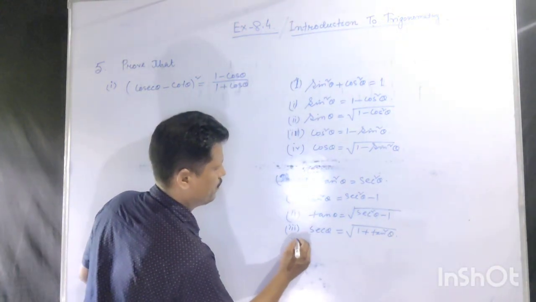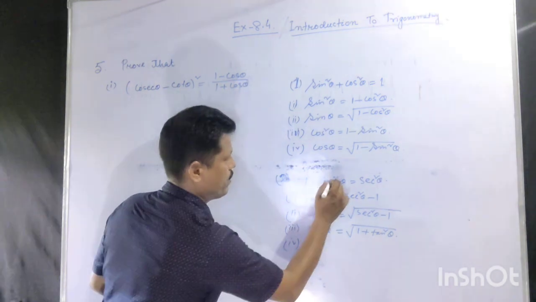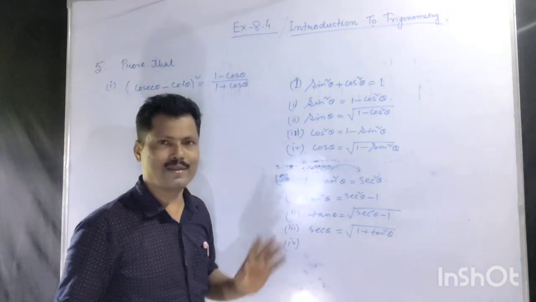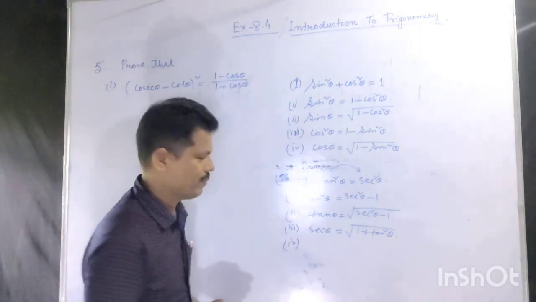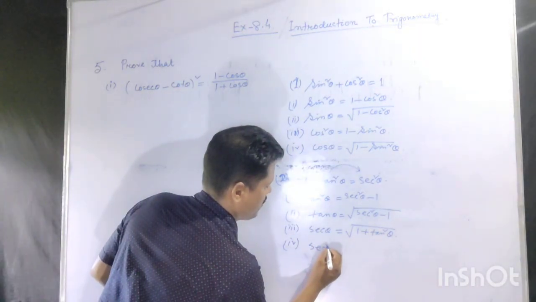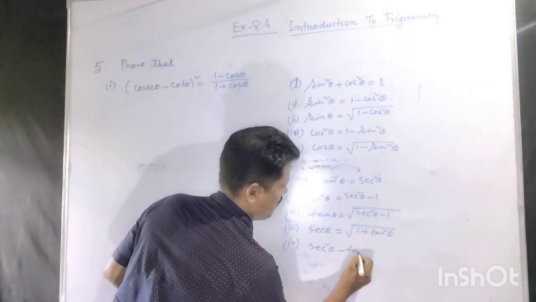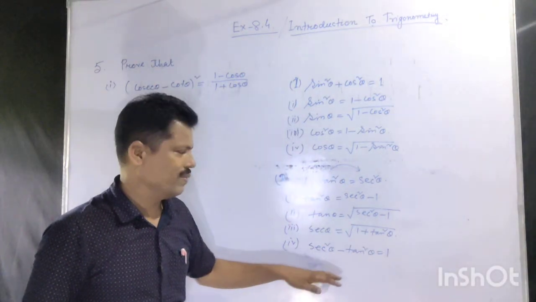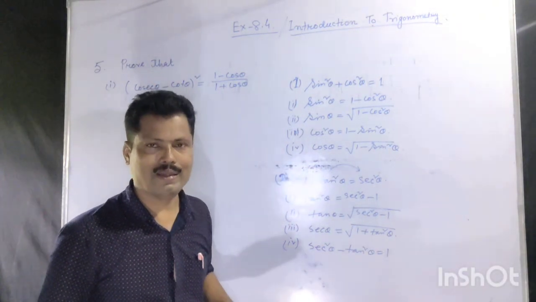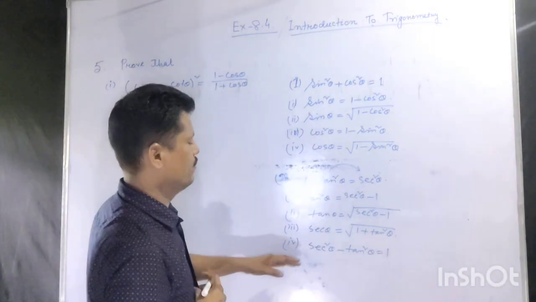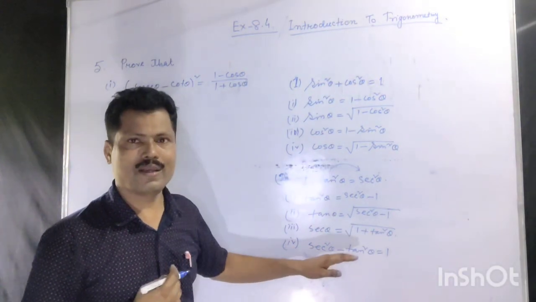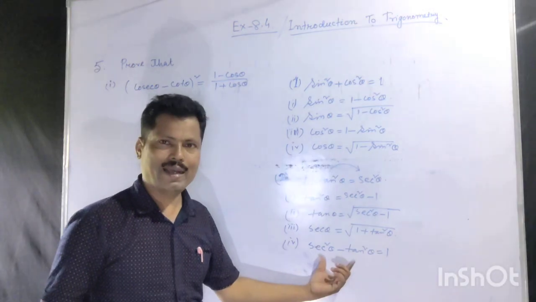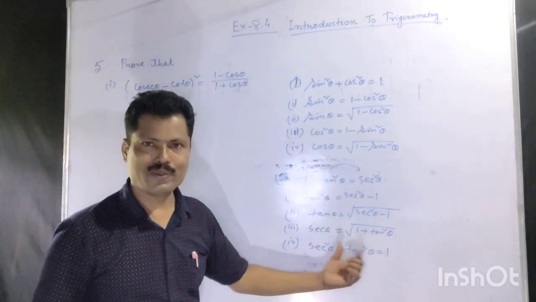Next, number 4, if we transfer this to the right hand side, then it will become sec square theta minus tan square theta is equal to 1. And this one, sec square theta minus tan square theta, like the identity a square minus b square, we can write as a plus b into a minus b.